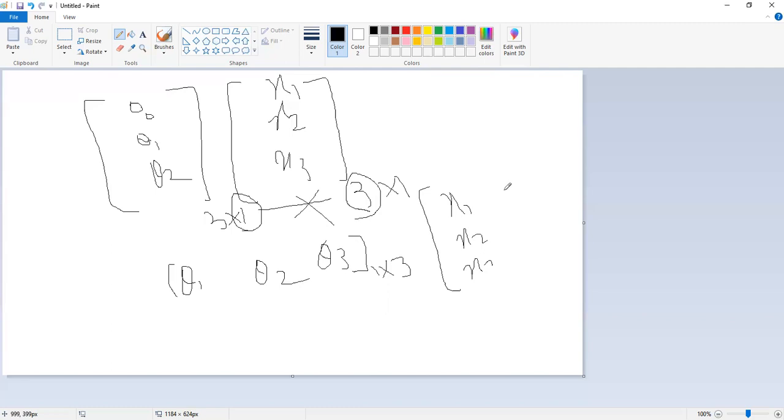Now you see this is 3 by 1, so now the columns of the first equal the rows of the second. Now we can multiply this. But this one is actually the transpose of the original. If this is theta, then this one is theta transpose. You know, we convert the columns to the rows and rows to the columns. That's why we write it like theta transpose and x. So this one we wrote here.